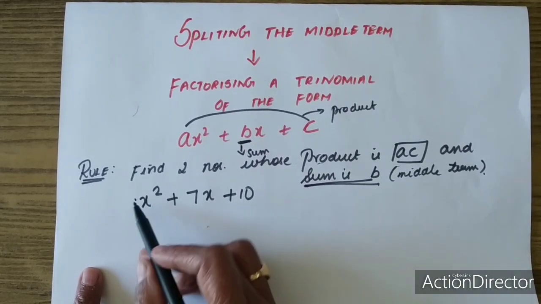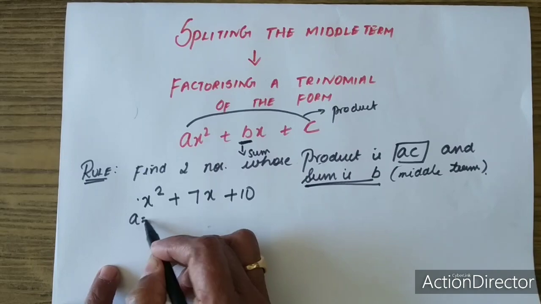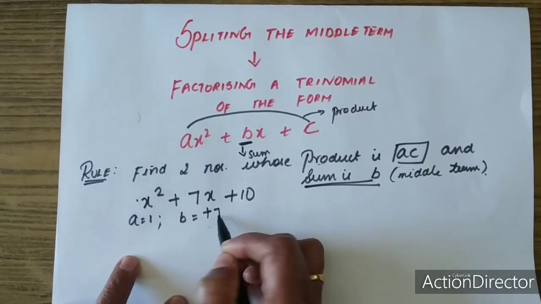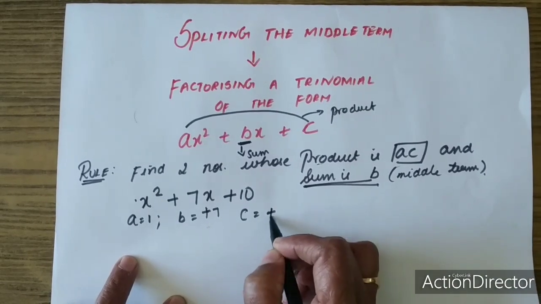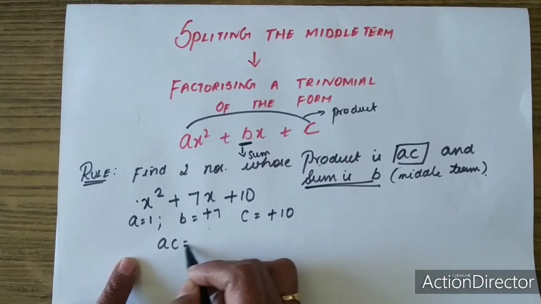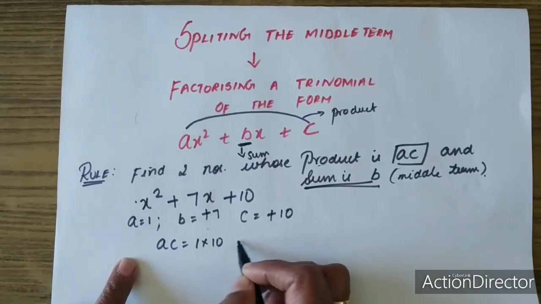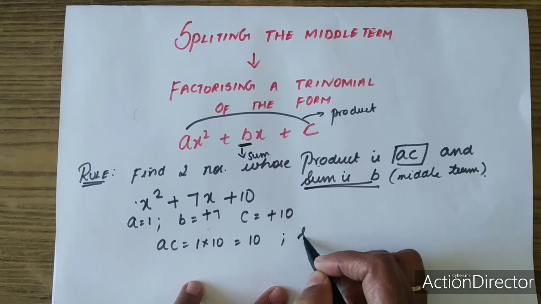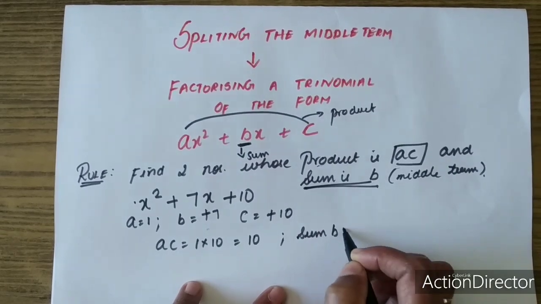So the coefficient of x square, a, is equal to 1, b is equal to plus 7 and c is equal to plus 10. So my AC will be equal to 1 into 10 is equal to 10 and my sum B is equal to 7.